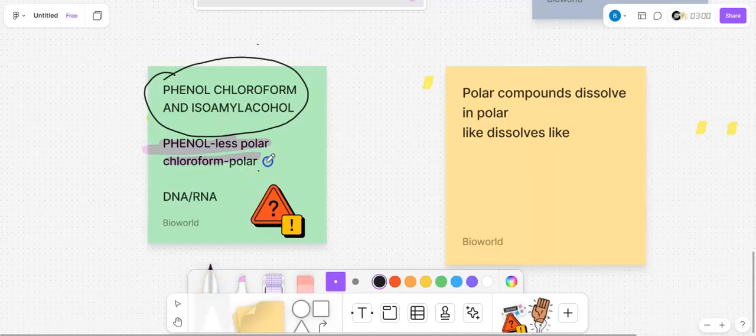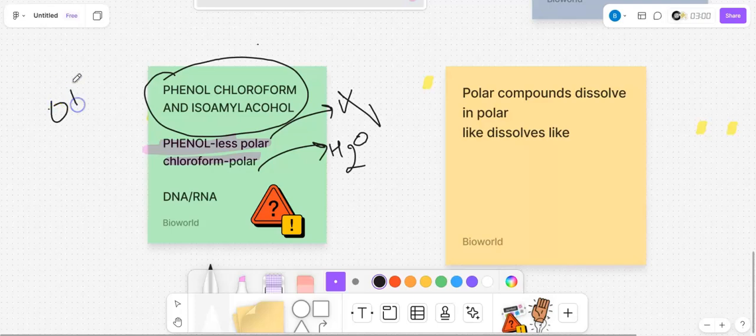Polar are the ones which are likely to dissolve in water. ఏవైతే వాటర్ లో ఈజీగా డిజాల్వ్ అవుతాయో వాటిని polar compounds అంటారు. ఏవైతే డిజాల్వ్ అవ్వవో అవి non-polar లేదా less polar.